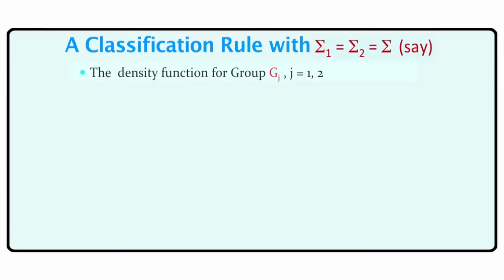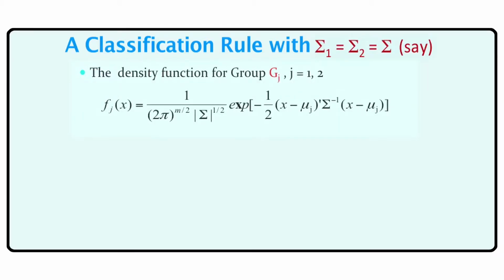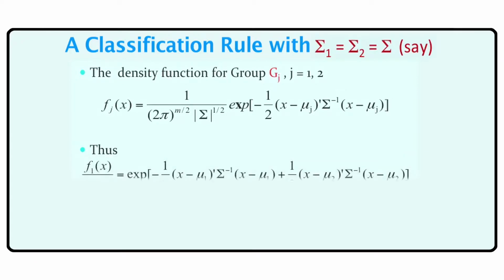Now the density function for group Gj, j equal to 1, 2, that is for groups G1 and G2, is given by the usual normal density, fj(x). What we need to look at here is the ratio of the two densities, one for the first group divided by the second.